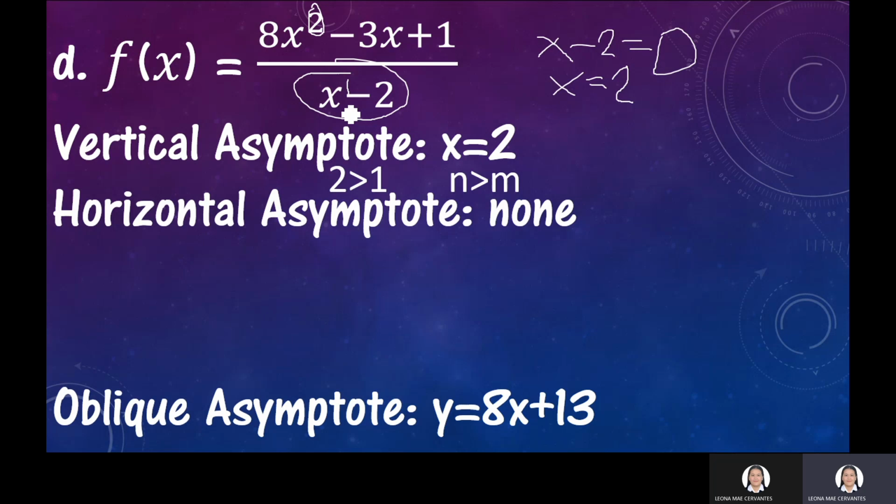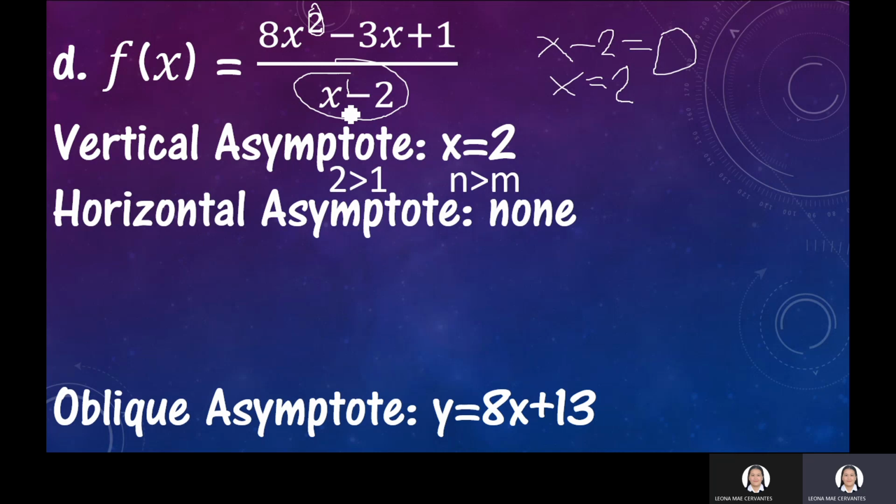Okay? If n is greater than m, we don't have a horizontal asymptote. Horizontal asymptote, none. Then, if we don't have a horizontal asymptote, we will have an oblique asymptote.